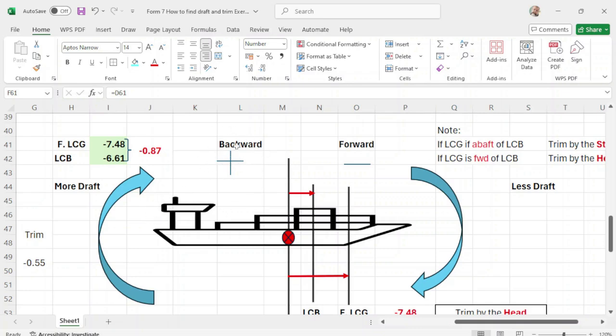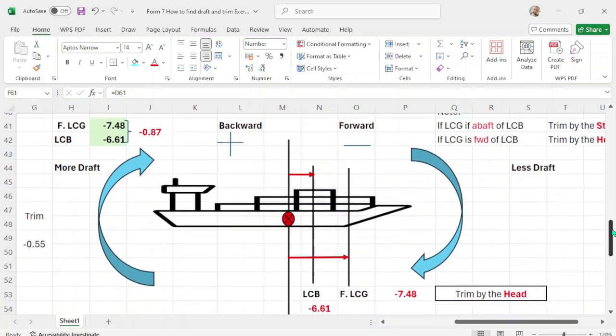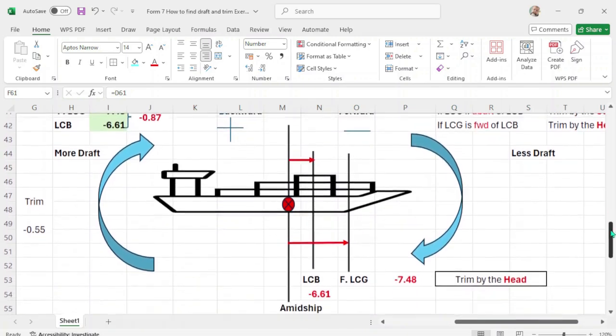Since your final LCG is negative 7.48, it is negative, meaning it is somewhere in the forward part of your vessel. So from midship, you measure going forward, negative 7.48. That is your final LCG.